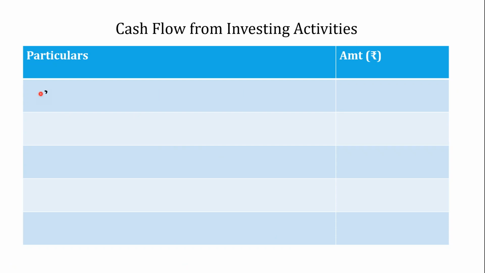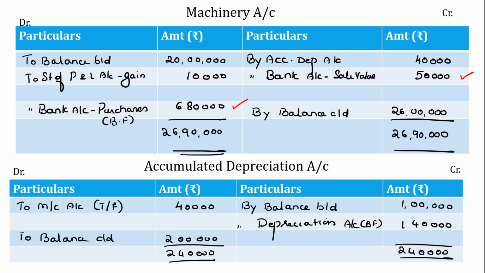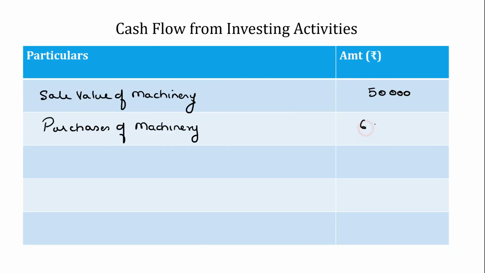We will write sale value of machinery, inflow of 50,000, but there was purchase of machinery. We got that balancing figure, 6,80,000. That has to be written here. It's an outflow, so we will put it in a bracket.